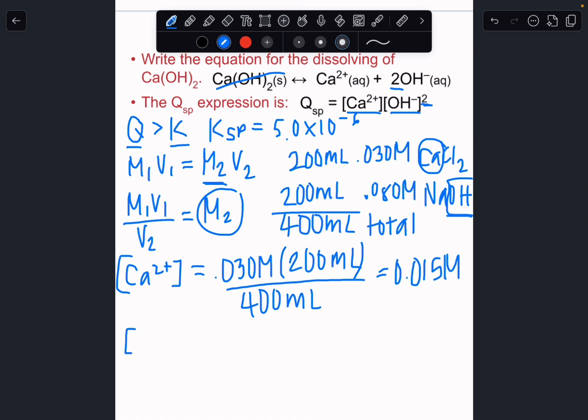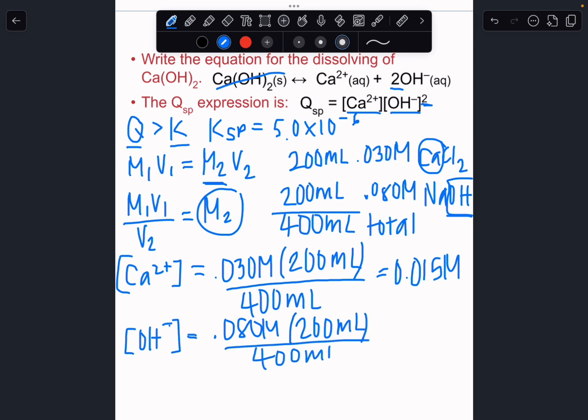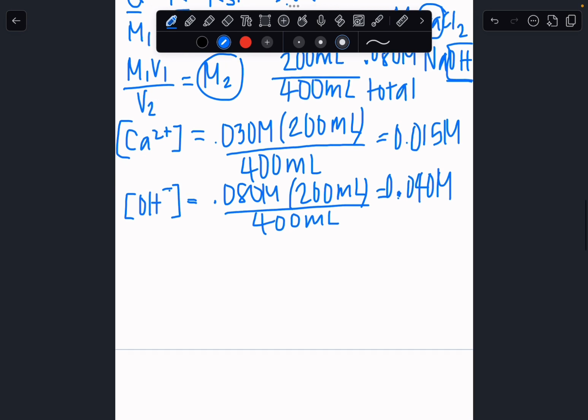And then you're going to do the same thing for OH minus. It's going to be 0.08 molar times 200 milliliters over 400 milliliters total at the end. That's going to give you 0.040 molar of OH minus.